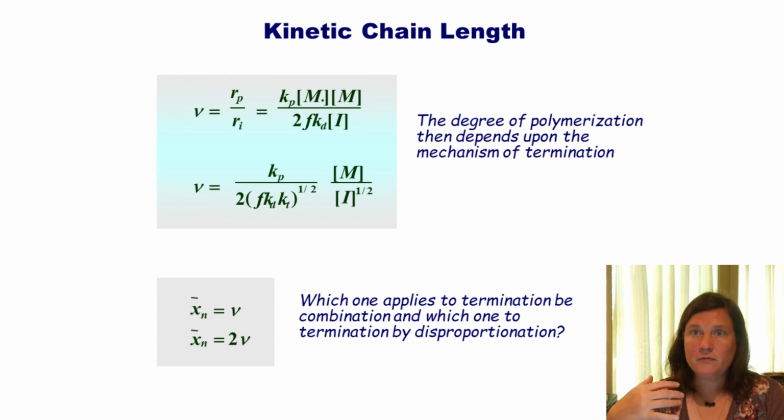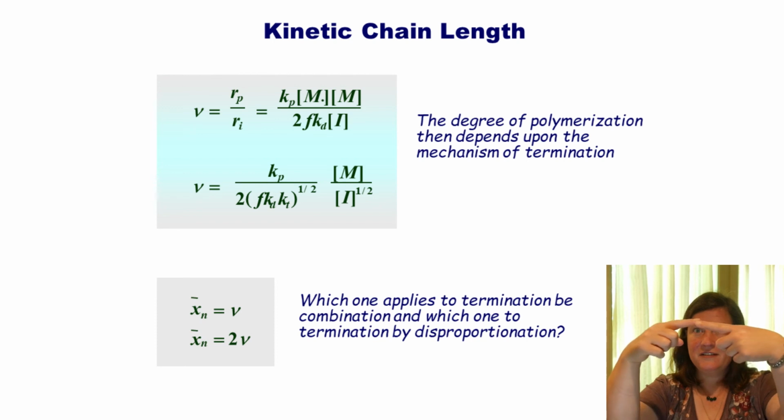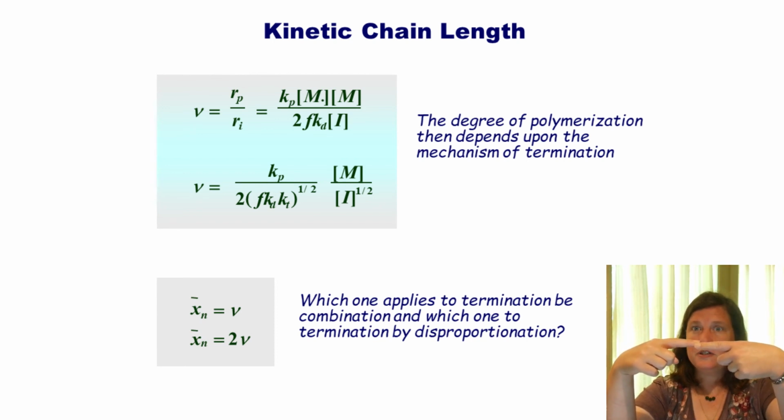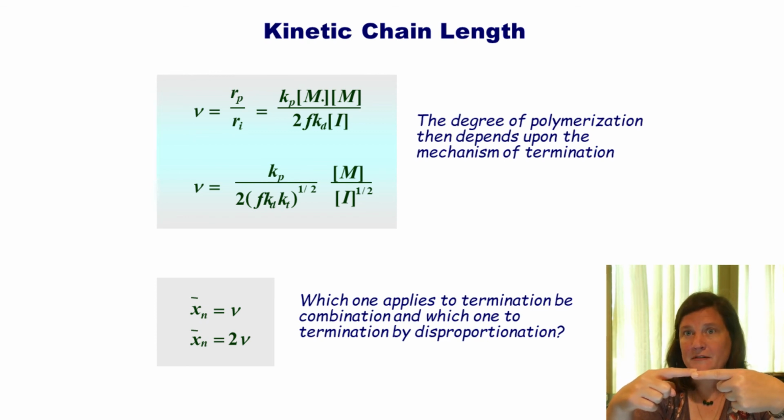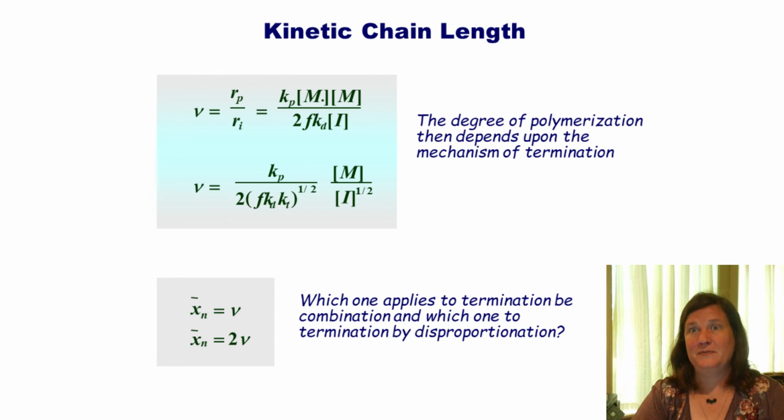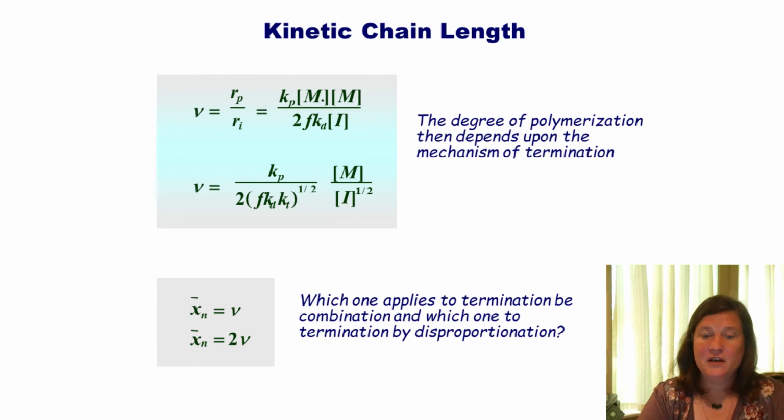But if we terminate by combination, two initiated chains now become one. So what happens to the kinetic chain length? It doubles, right? So now the number average degree of polymerization equals 2 times the kinetic chain length.